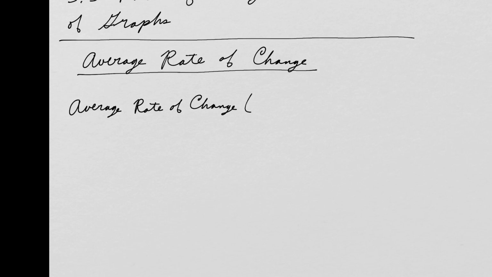I'm going to abbreviate this as AROC, just so I don't have to write average rate of change all the time. This is going to be defined as the change in output over the change in input.